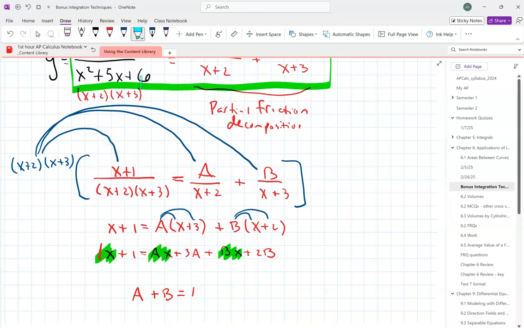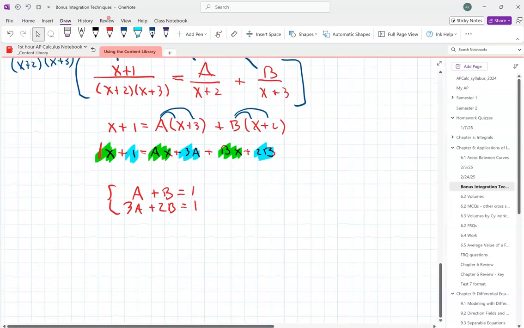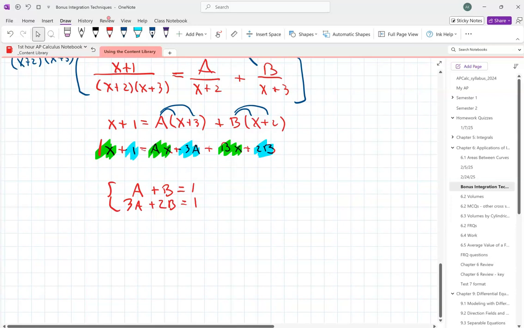And I know when I add up that 2b and that 3a, that also has to equal the constant term. So 3a plus 2b has to equal 1. That's going to make for myself a system of two equations. I can solve that system now using any of my methods that I previously learned.